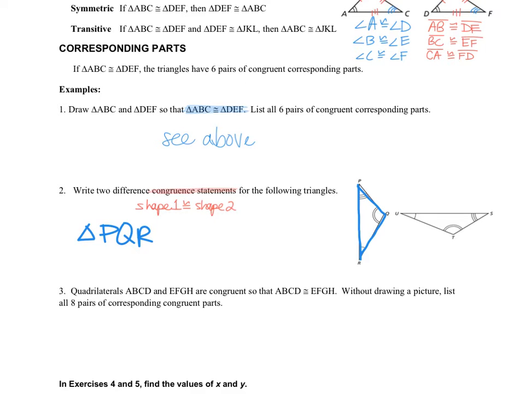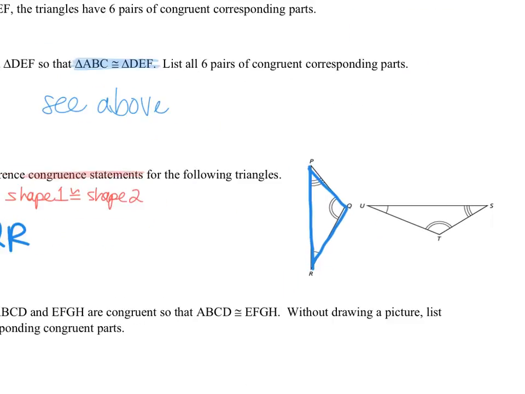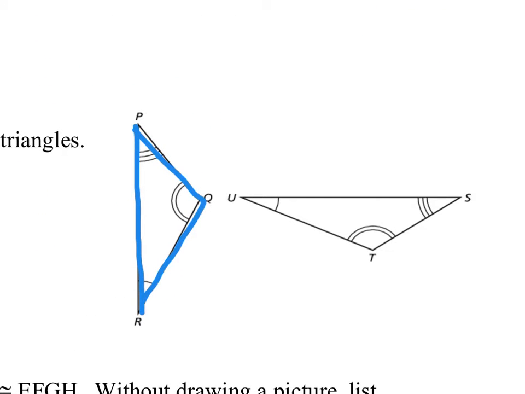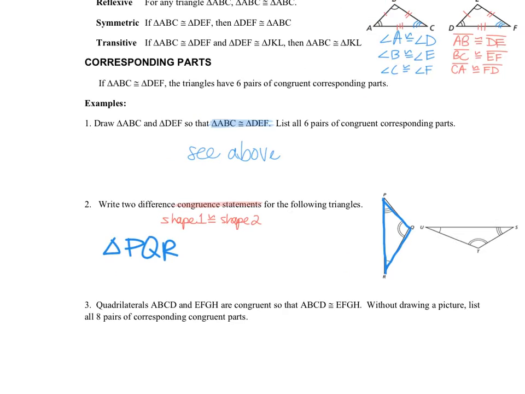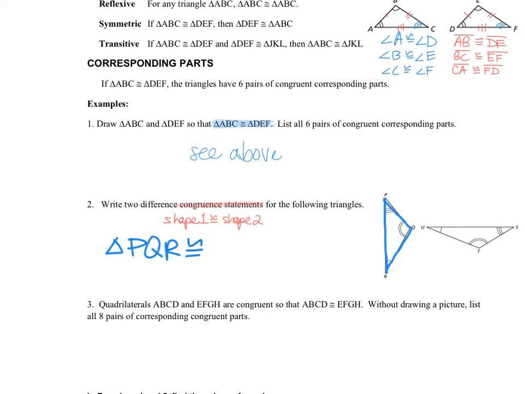I did PQR, so you have to do STU, because it was 3, 2, 1. 3 arcs, 2 arcs, 1 arc. P goes with S, Q goes with T, and R goes with U. Triangle PQR is congruent to triangle STU.